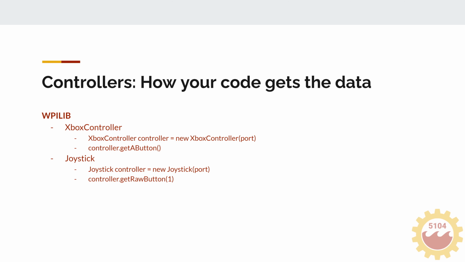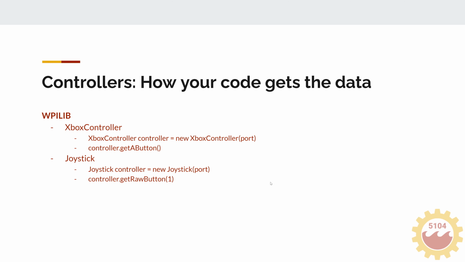This is something you need to account for, because if you have one controller for one driver, one controller for the other, you need to make sure you plug them in the same order. You can actually check which number is on which on the driver station, because you could have your operator or your driver swap, have the same controller but plugged in different orders, and now they're using different controls. Definitely something to account for.